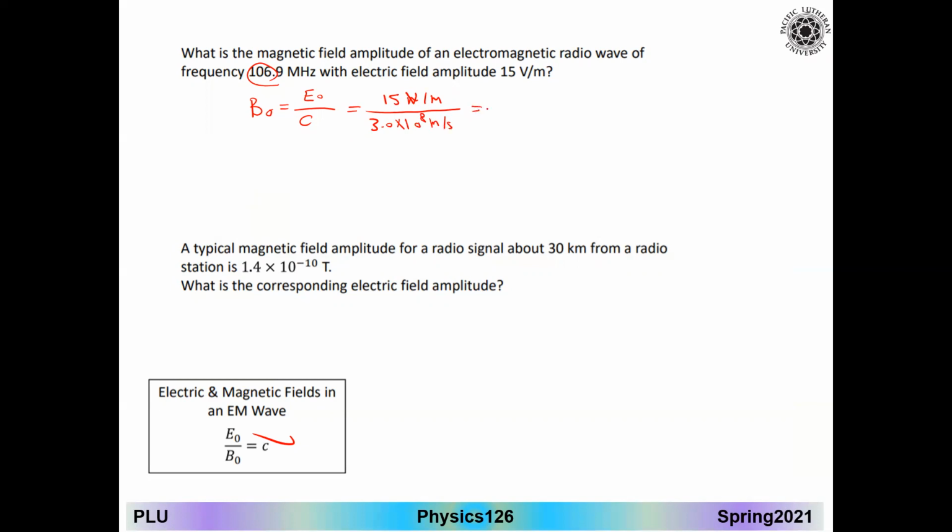Be careful with the units, guys. Here we get 5.0 power to the minus 8 with the unit volt second divided by meter square, which is basically Tesla. A small magnetic field compared with the electrical field.